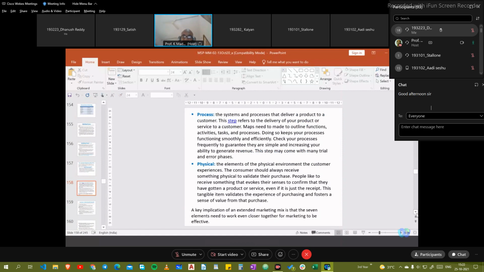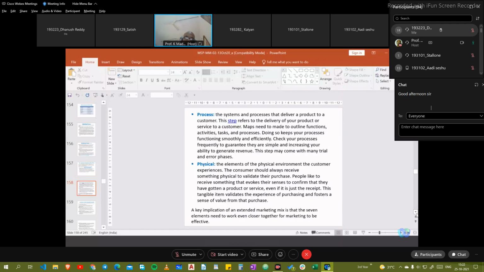Therefore, the arrangements that are made, the type of inventories that we maintain, and the packaging, the type of arrangements for payments, and the negotiations, the training, and installation, after sales service, everything comes in this particular part.